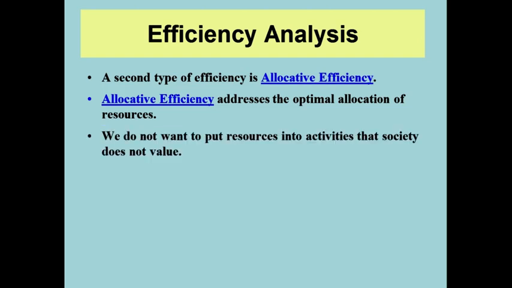In other words, we don't want to put resources into activities that society doesn't value. If we put resources into activities that society doesn't value, that would be a waste. Because again, that would be a waste and that would be inefficient.